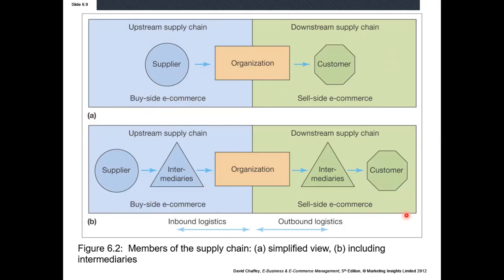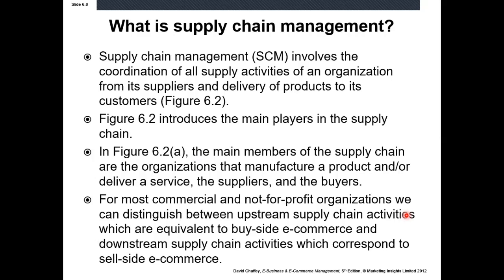With more intermediaries, right? So figure 6.2 introduces the main players in the supply chain, as we saw. Then in figure 6.2a, the main members of the supply chain are the organizations that manufacture a product and or deliver a service, the suppliers and the buyers, right?